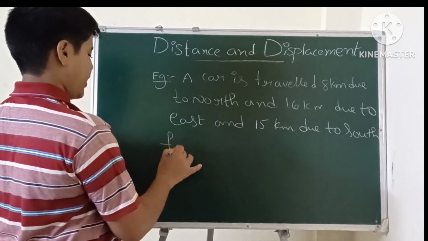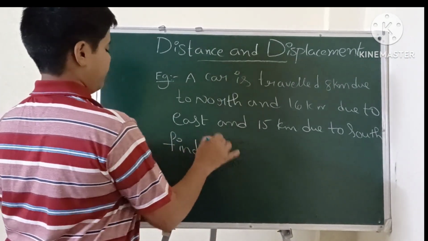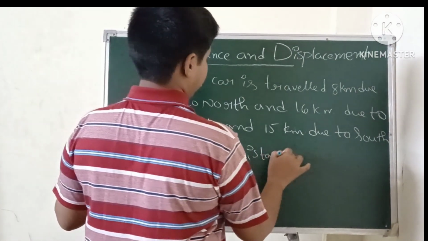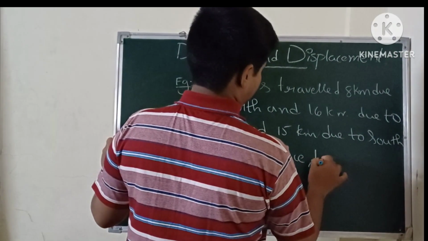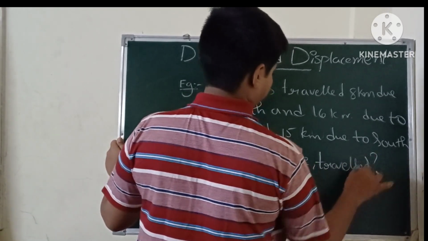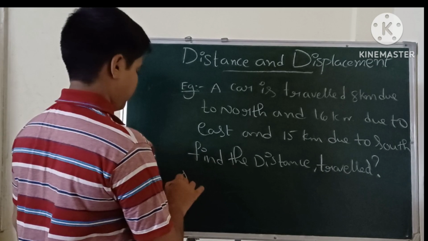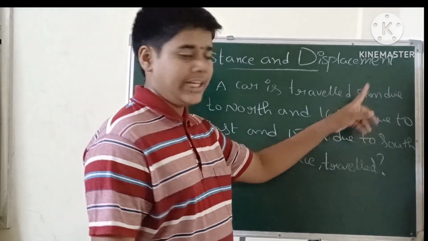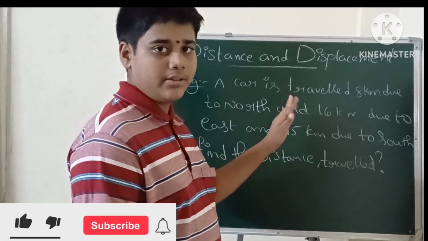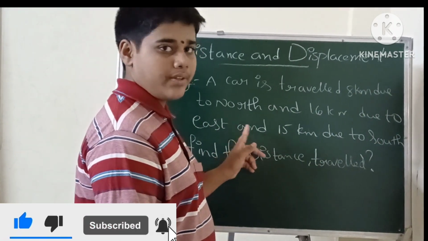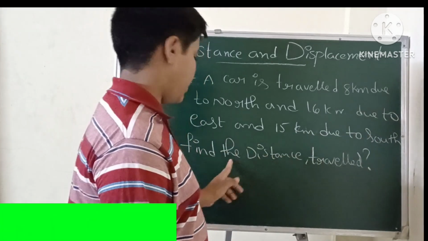Here they are asking to find the distance traveled. A car traveled 8 kilometers due north and 16 kilometers due east and 15 kilometers due south.